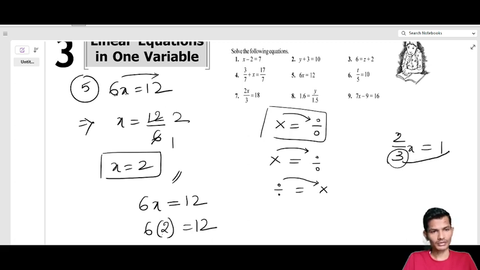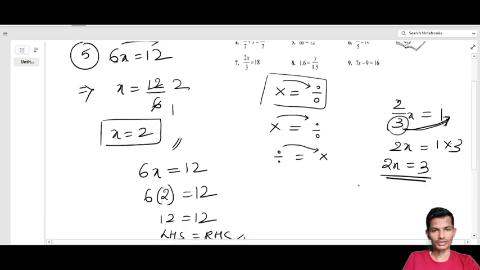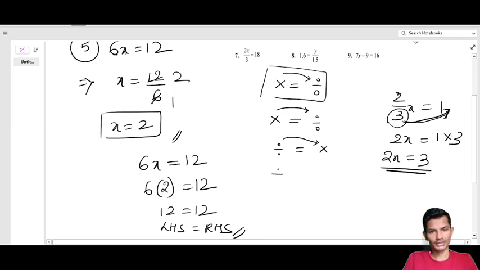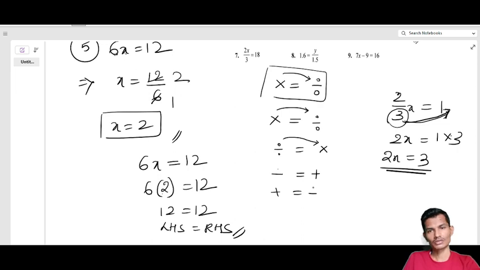So if it goes to the other side of the equation, it will become 2x equals 1 into 3, multiplication. That is what I have written here, 2x equals 1 into 3. And if I take a negative sign to the other side, it will become positive, and positive to the other side becomes negative. So these are the basics.